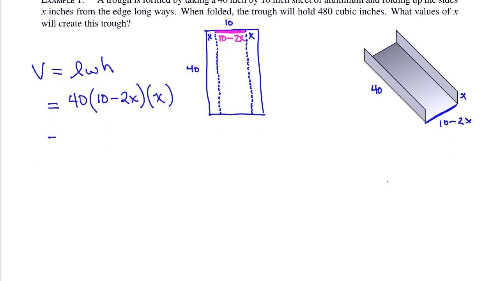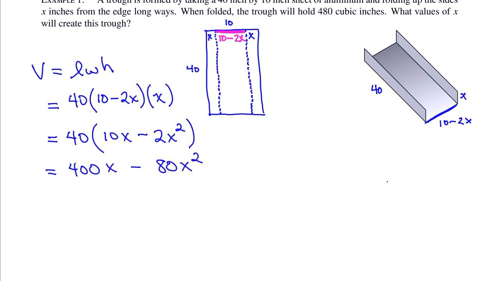I'm going to multiply the two factors on the right first. 10 times x is 10x, and negative 2x times x is negative 2x squared. Finally, I'll distribute the 40, so we get 400x minus 80x squared. This is the formula for the volume of this box, no matter what we use for x, as long as we can actually form the box.